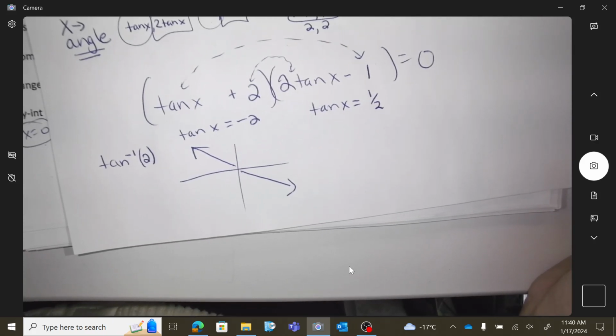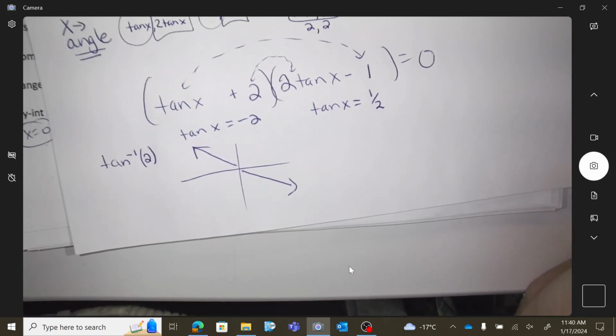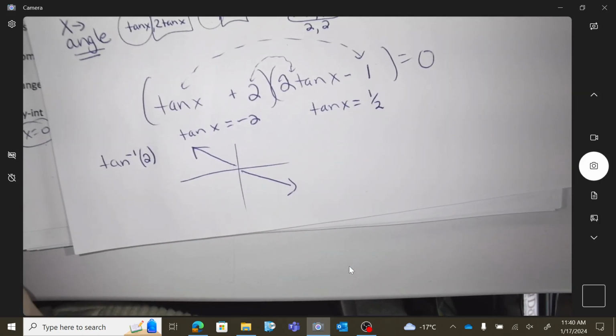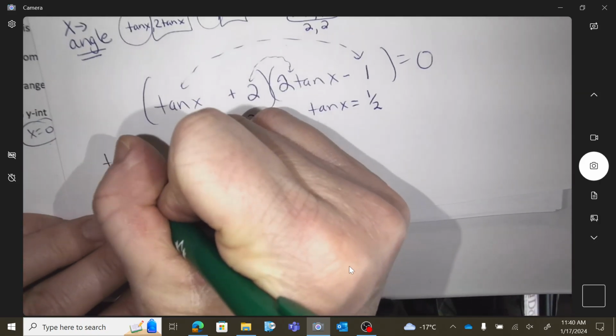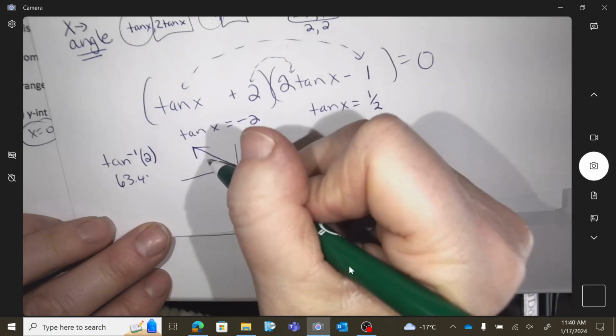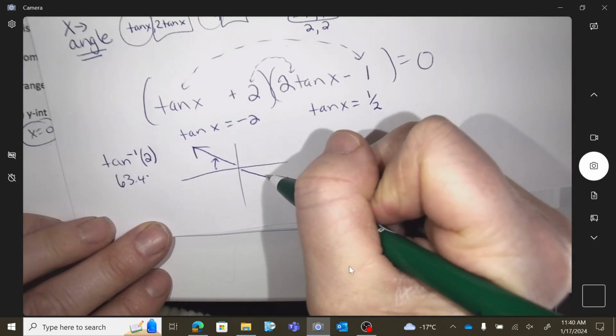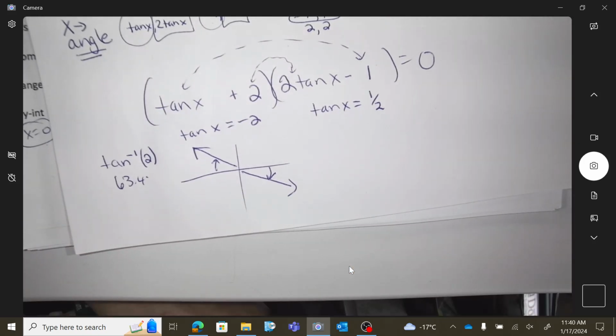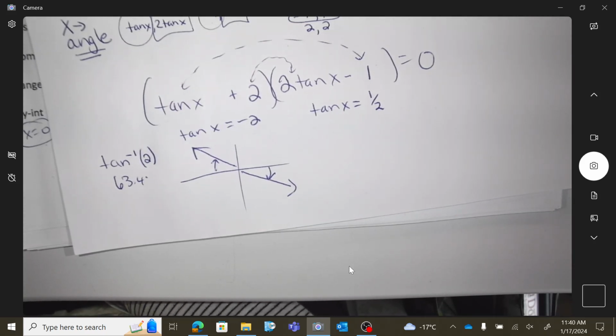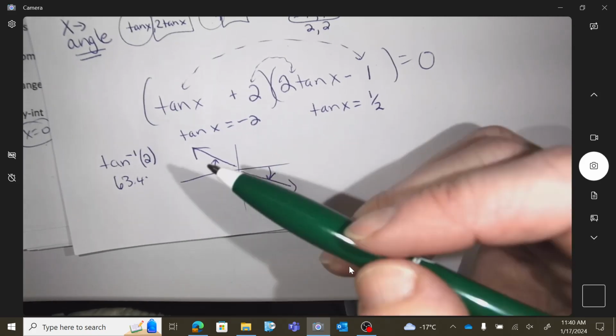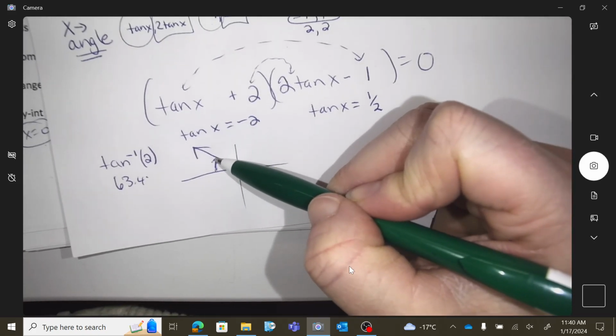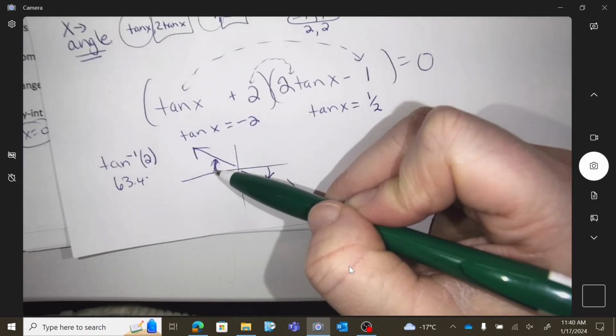Don't put negatives into the math because I'm doing tan negative as a location piece, right? Okay, so now how do I figure out the actual answer? So this is 63.4 degrees off of this line.